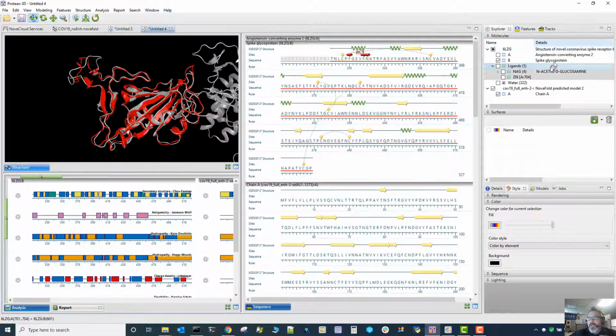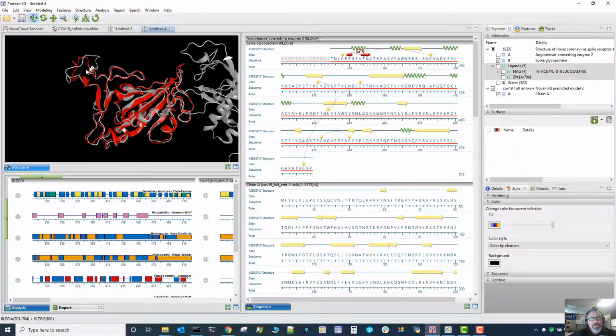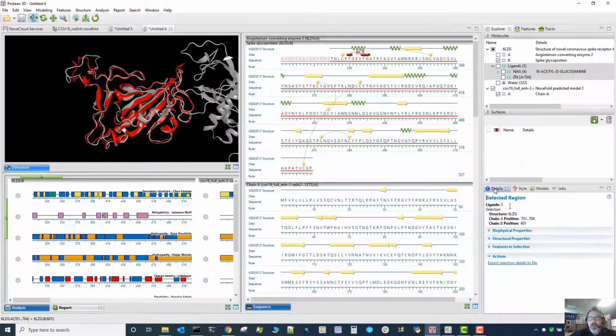And here I have aligned using our TM-align method one of the models that was released later in March, about 30 days after the model that we had produced. And I want to show you that we had an extremely good correlation between the RBD, which is the receptor binding domain to the ACE2 protein. We had an extremely good correlation in terms of TM score and RMSD.